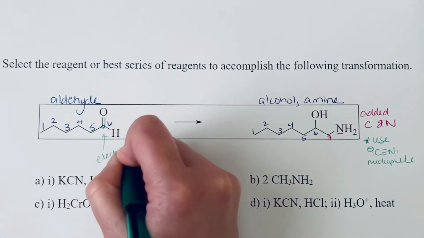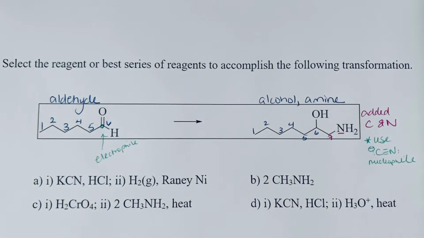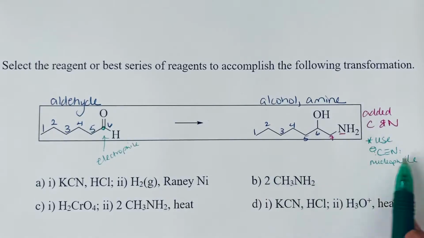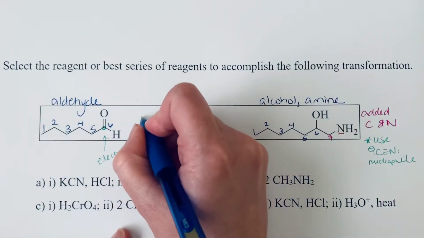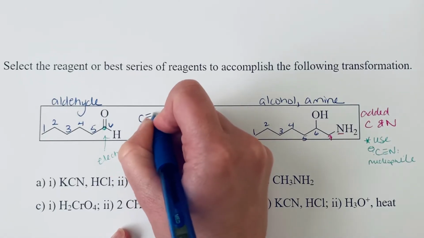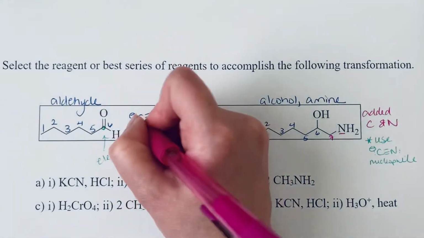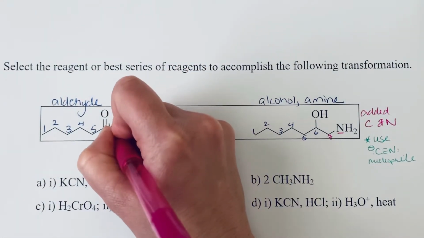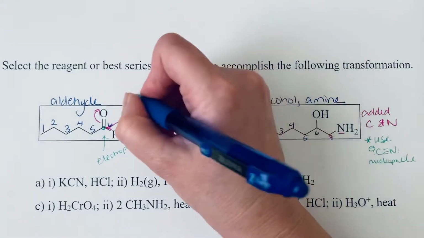So if we're able to add that cyanide ion in the first step, then it will react with that aldehyde. So if I have some kind of source of a cyanide ion, I can envision this adding to this aldehyde carbon and pushing these electrons up onto the oxygen.